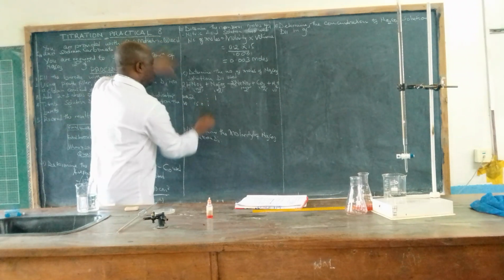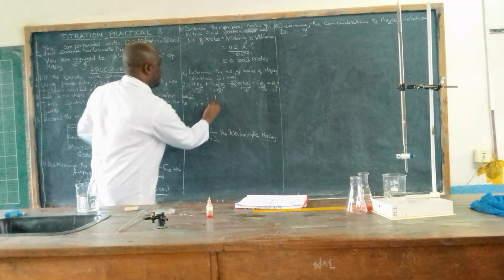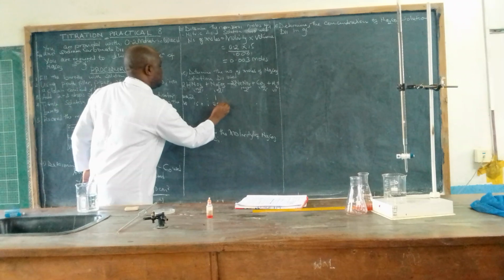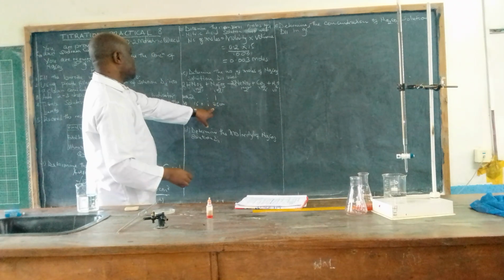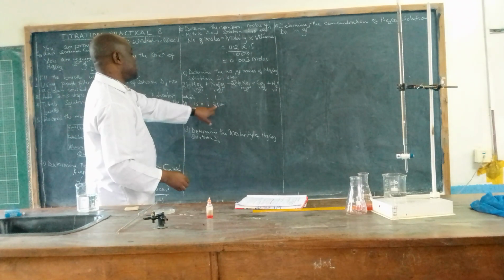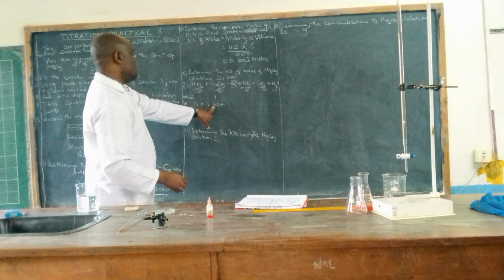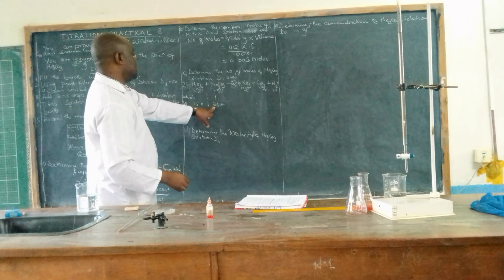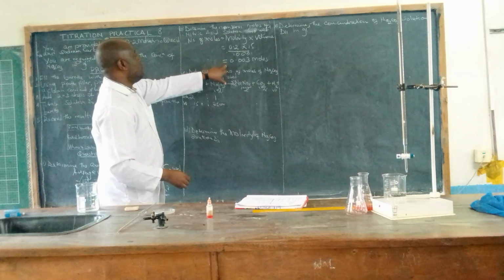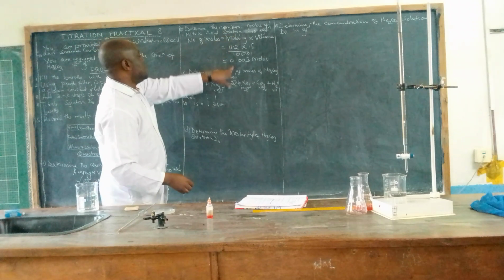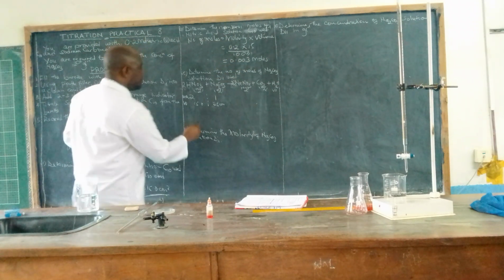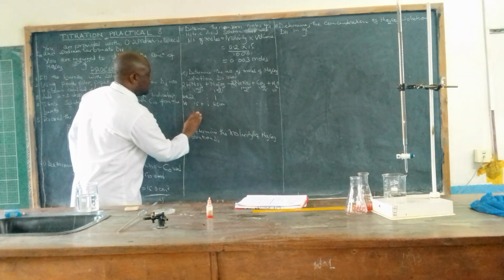And on this side, we found 25 cubic centimeters. So now we are trying to calculate the number of moles that were present in 25 cubic centimeters. Since the mole ratio is 2:1, and the number of moles in the solution C10 is 0.03, we are just going to do this.